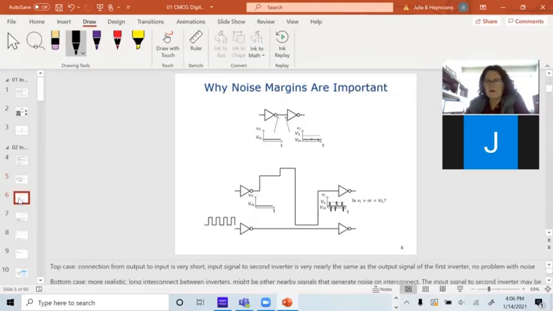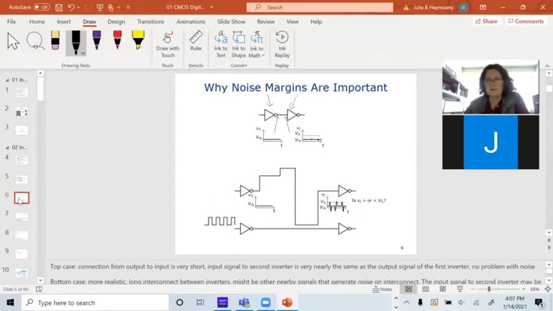Now we're going to talk about a thing called noise margins, and I don't think we got to it a little bit in 280. If I have an inverter and I have the luxury of just driving the output of the inverter with another inverter that's sitting right next to it, I'm not going to have a lot of pickup. I'm not going to have a lot of noise on the line.